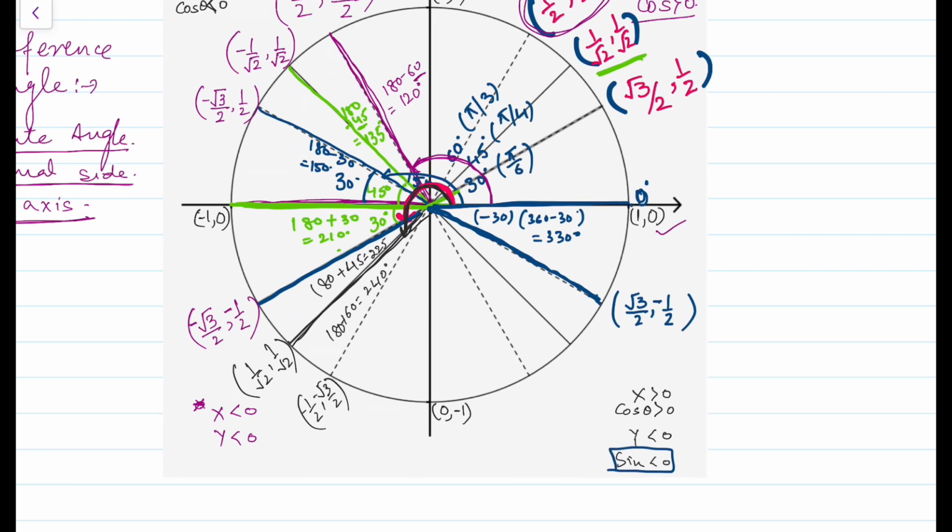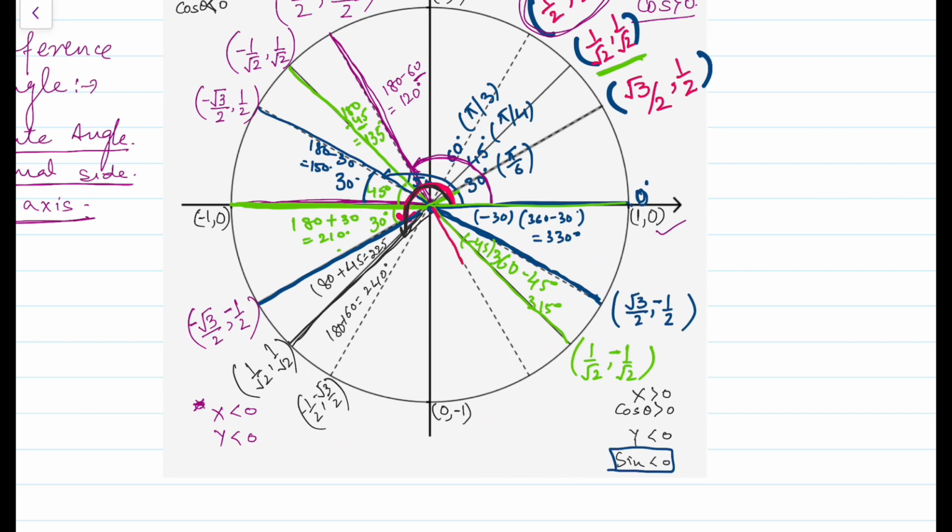Now the next reference angle, again the base is the x-axis, and it's 45 degrees, so it's going to be 360 minus 45 degrees, or just minus 45 degrees as an angle, so it is 315 degrees. Again, write the values of 45 degrees, 1 over root 2, 1 over root 2, and make sine negative. Okay, the sine value is negative.